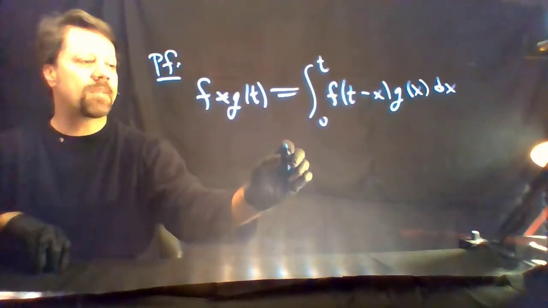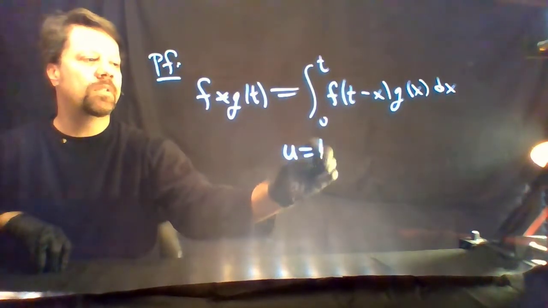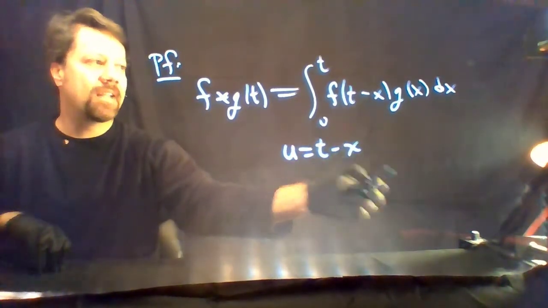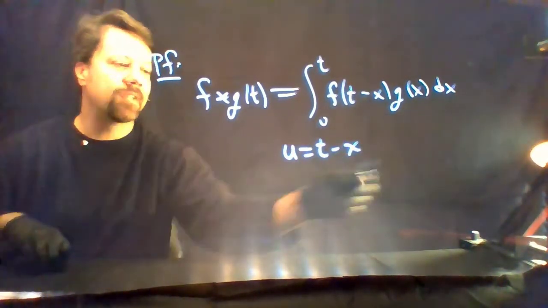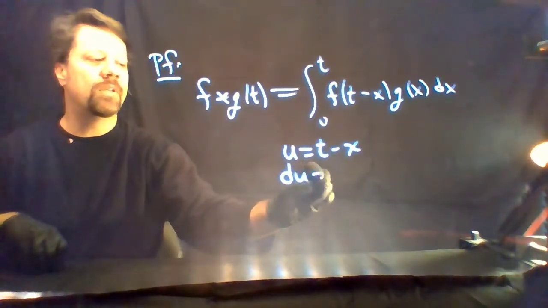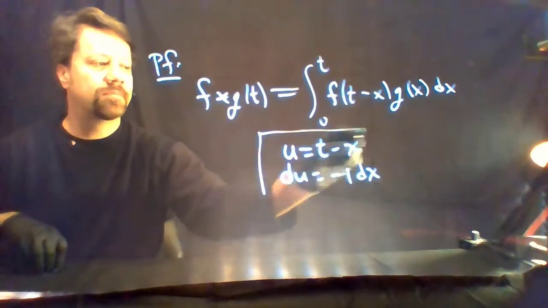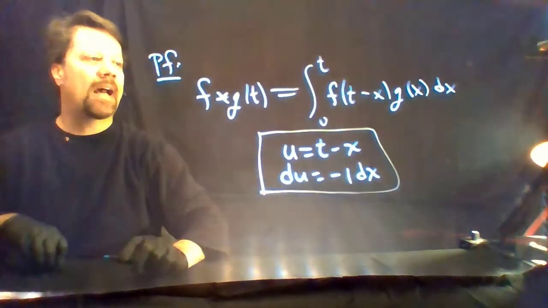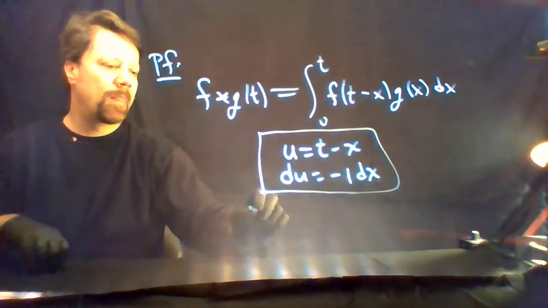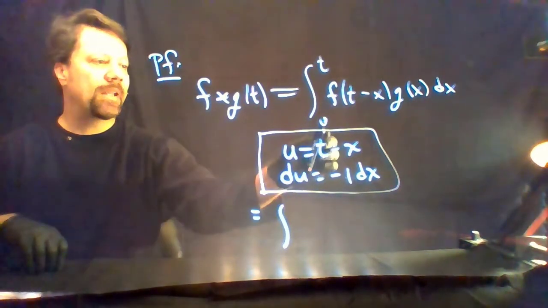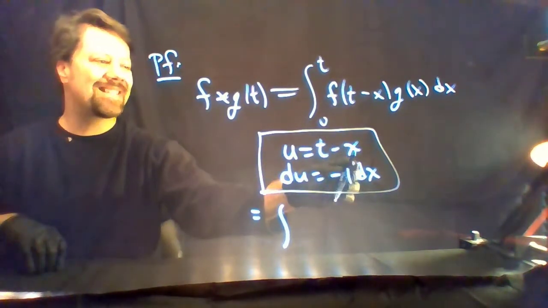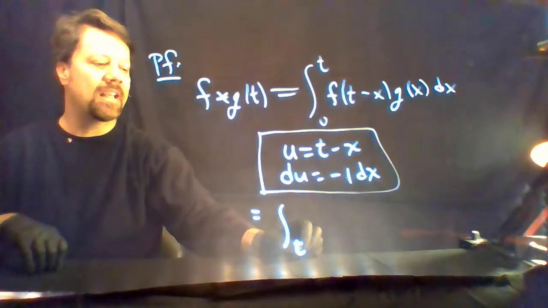We'll make a substitution. We'll set u equal to t minus x. Now, keep in mind we're integrating with respect to x. So that means that du is -1 dx. How does the integral transform? The integral becomes, well, when x is 0, u is t.